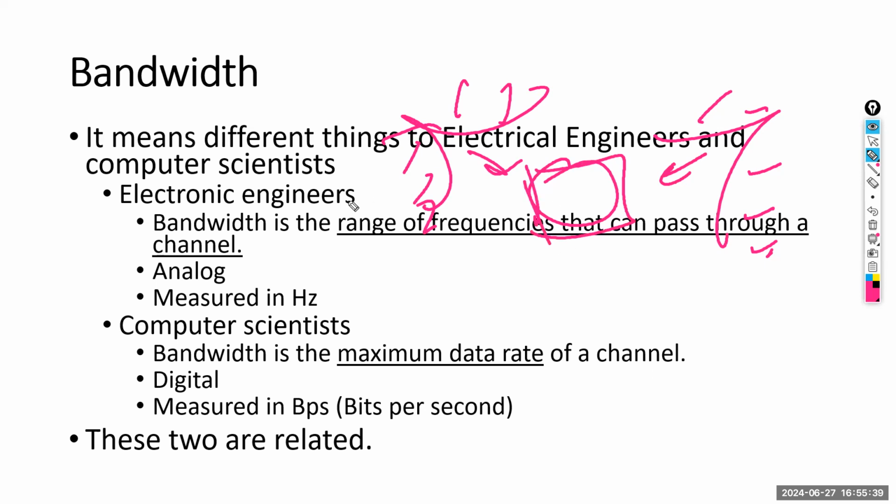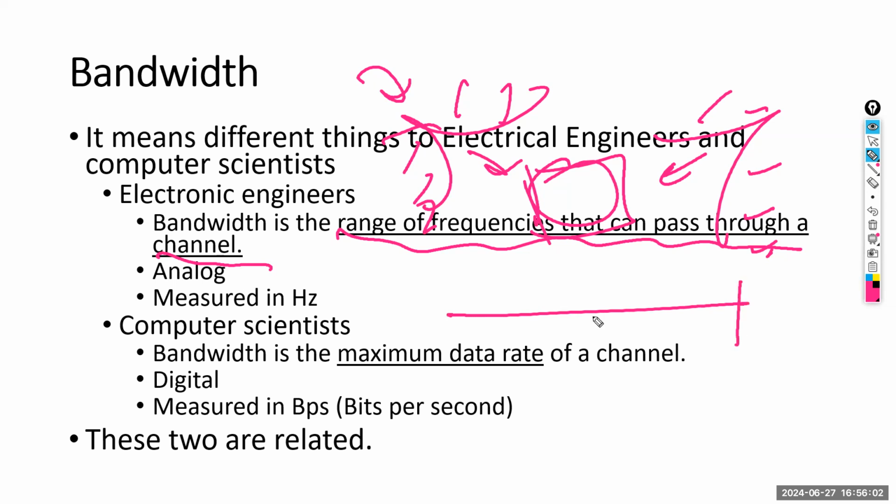Right. So what is the view of electronic engineers in general? They will say bandwidth is the frequency range of that channel, the range of frequencies that can pass through that channel. For example, if you take FM radio, there's a bandwidth. Maybe the highest is 99 point something or closer to 100, I can't remember, and there's a lower limit.